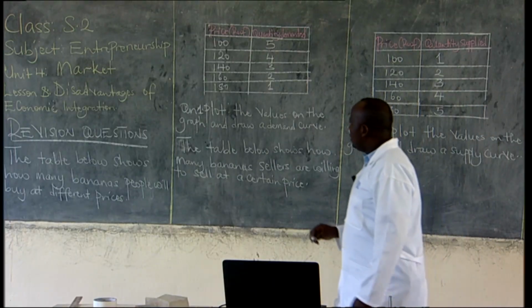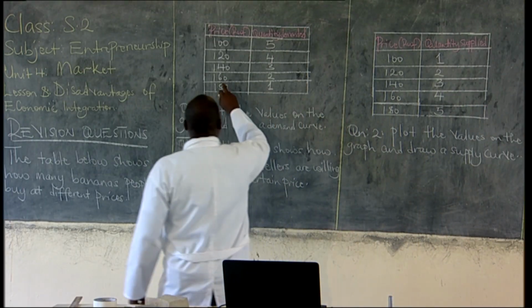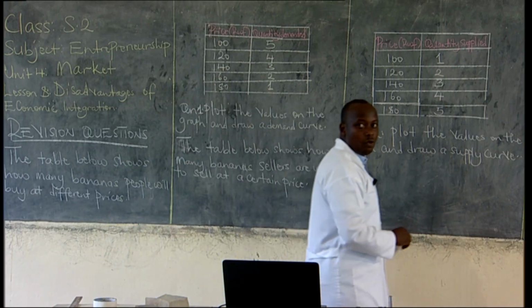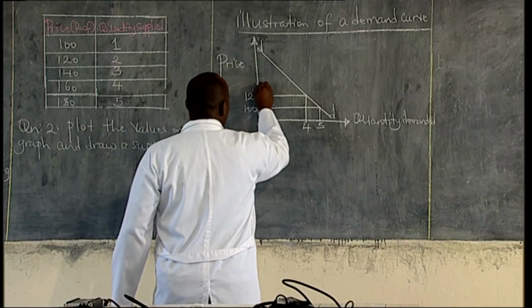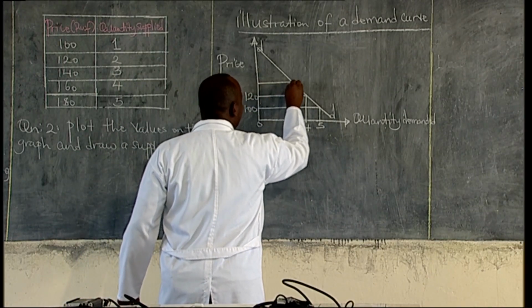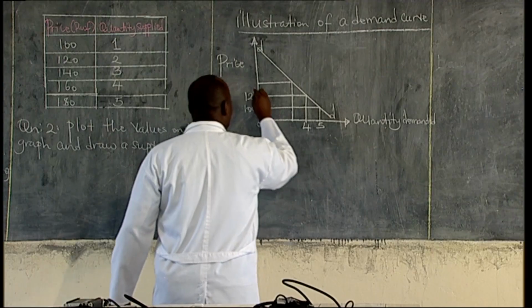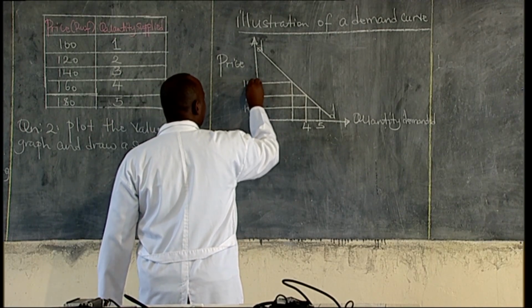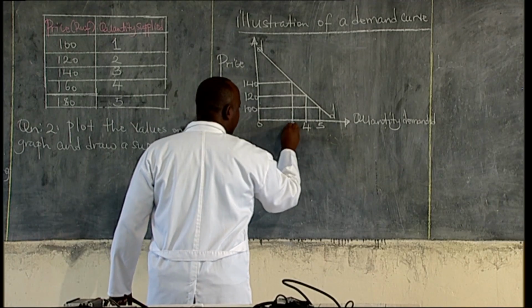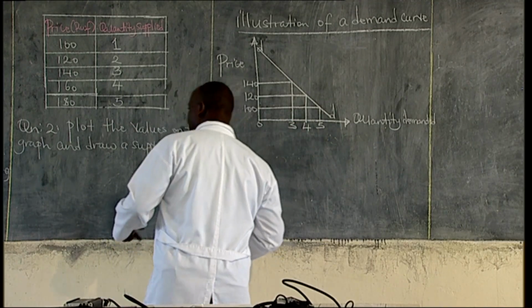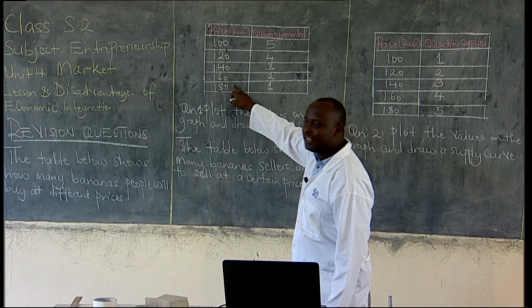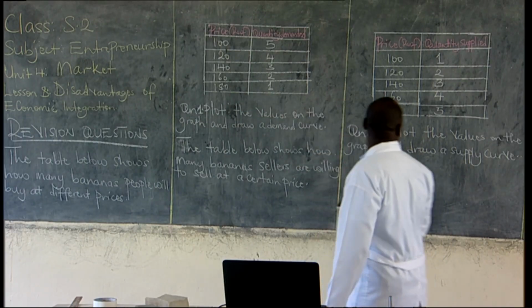Then, on 140, the quantity demanded, what was bought at the price of 140, is 3. Then on 160, the quantity demanded is 2.